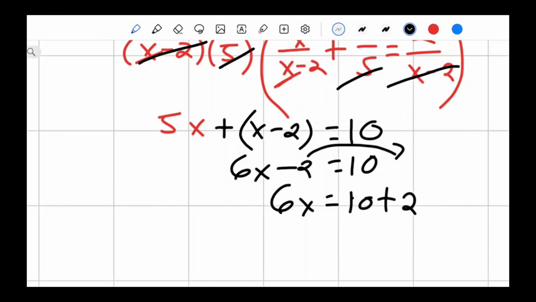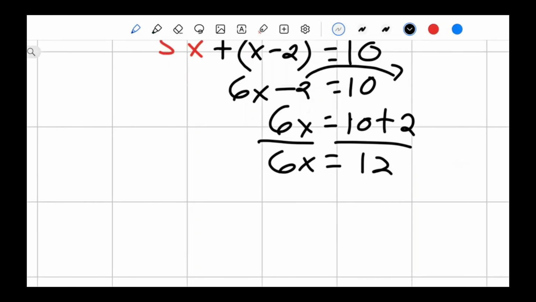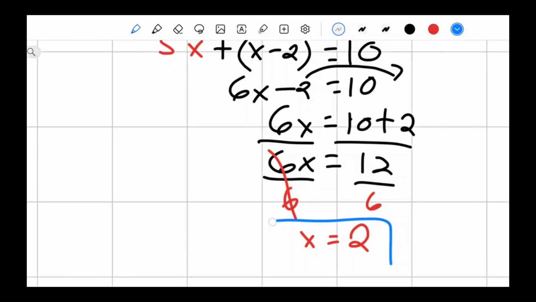Now we eliminate the 6 by dividing both sides by 6. So we cancel this, and we are left with x = 2. So this is our answer.